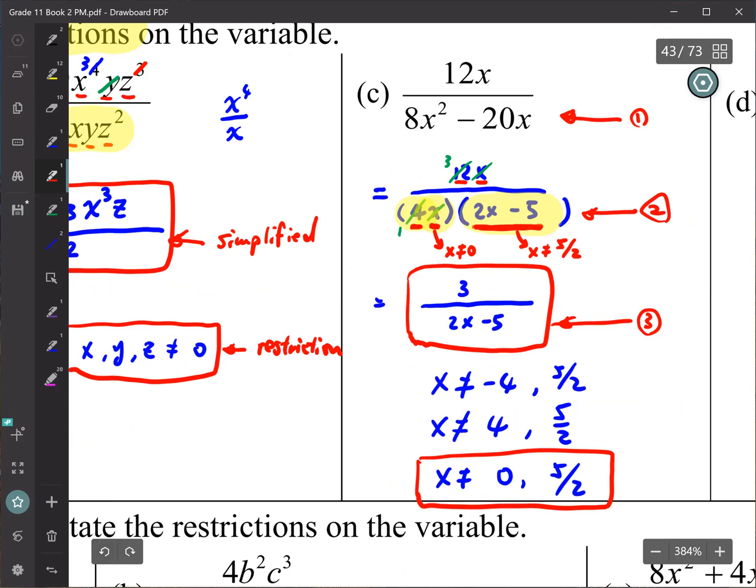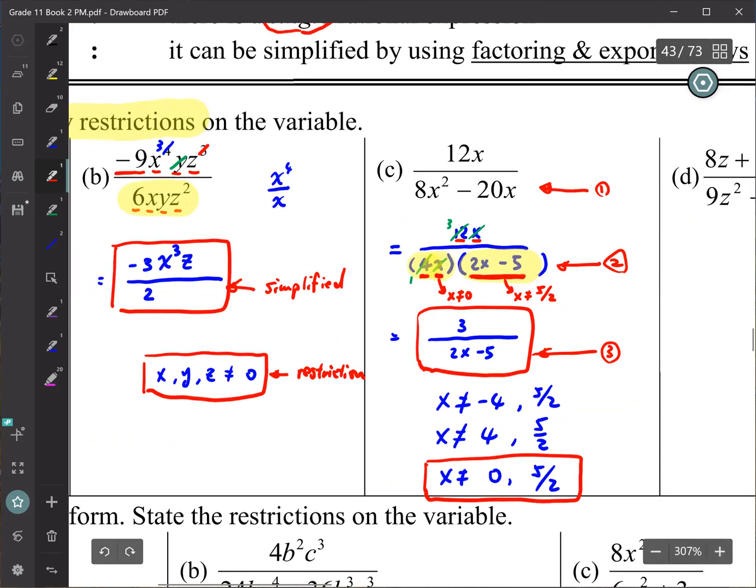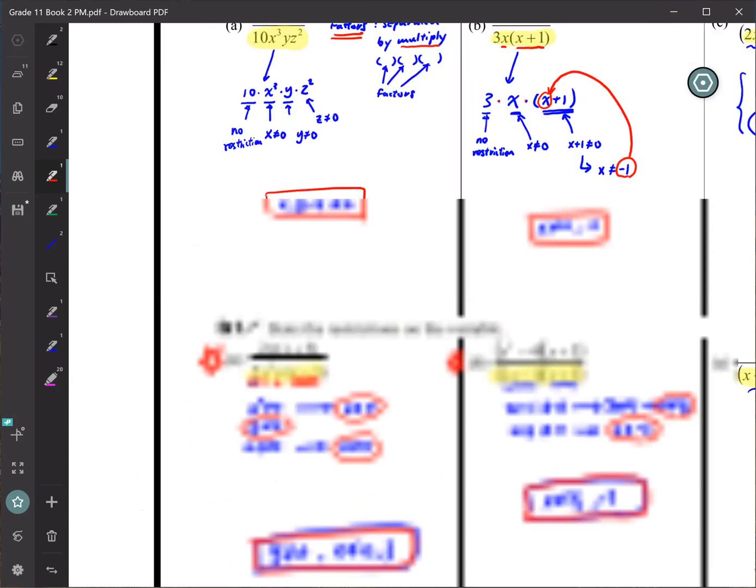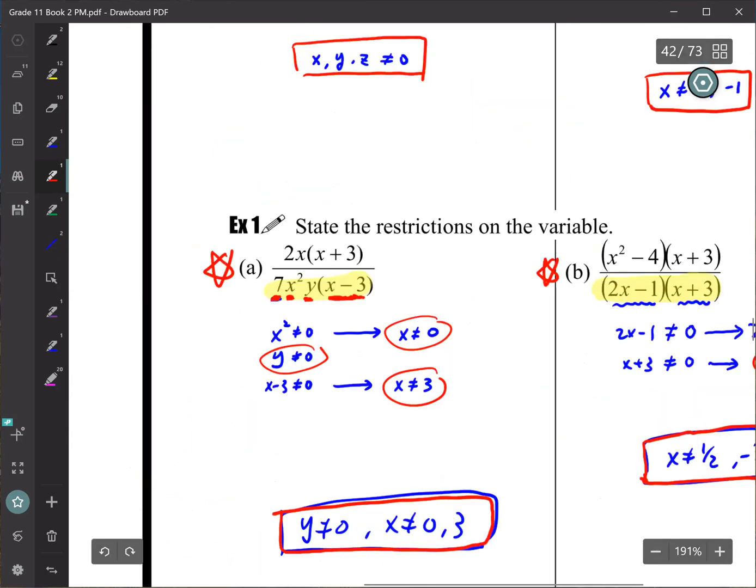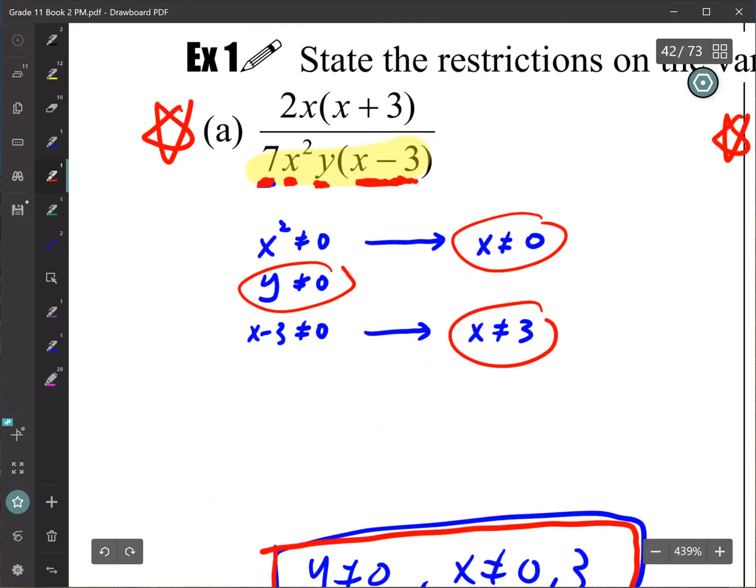Try to compare it with the last page, right? When we learned restrictions, for example, look at this one. You have 7, right? You won't say x cannot be -7. X cannot be 7. You ignore the 7. You only look at the factors themselves. I hope that's clear.